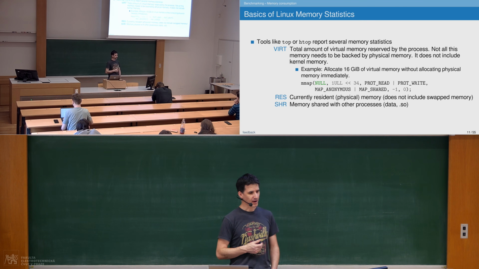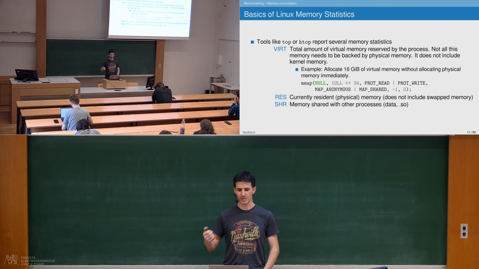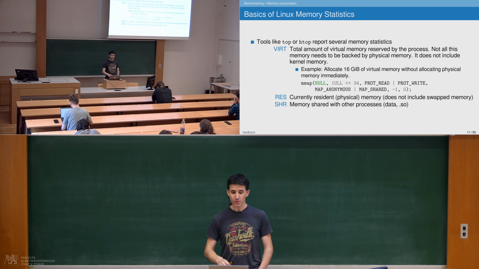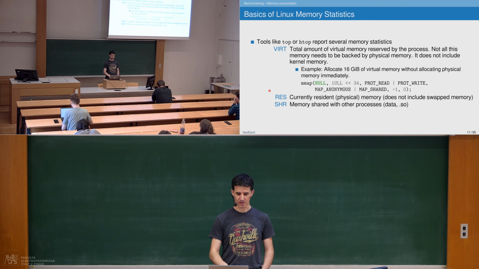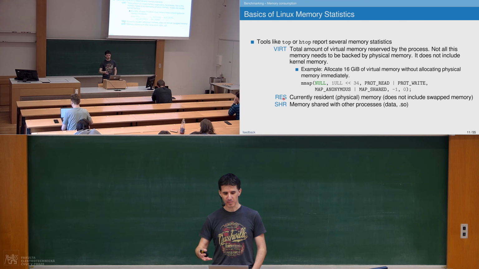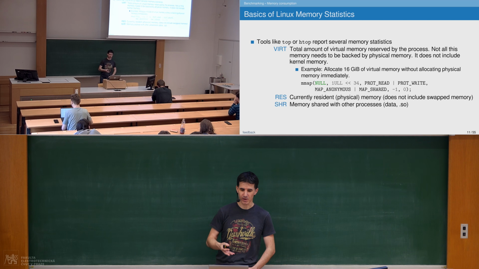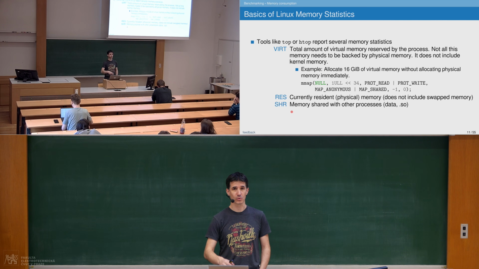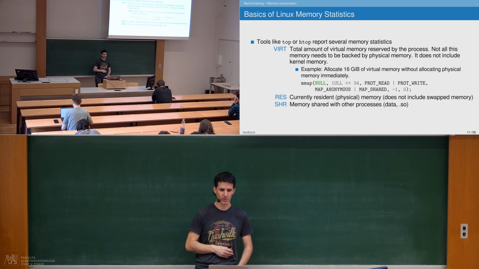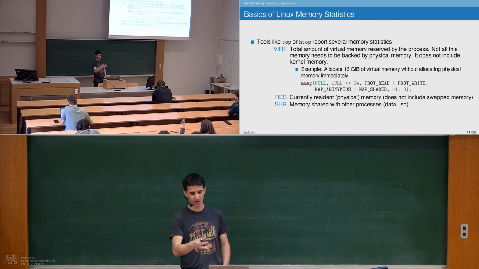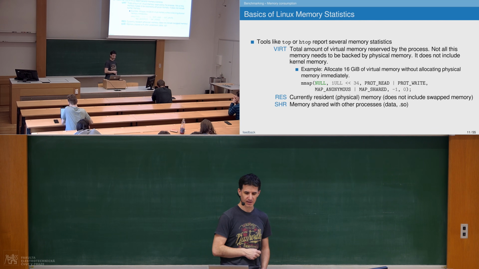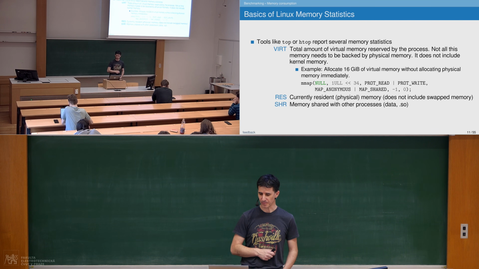So if you are interested in memory consumption of your process, you need to take into account this resident memory, and depending on how you deal with shared memory, you can either count up this shared memory or you split this shared memory with all the other programs that use the same libraries and other sharing. It depends on you.